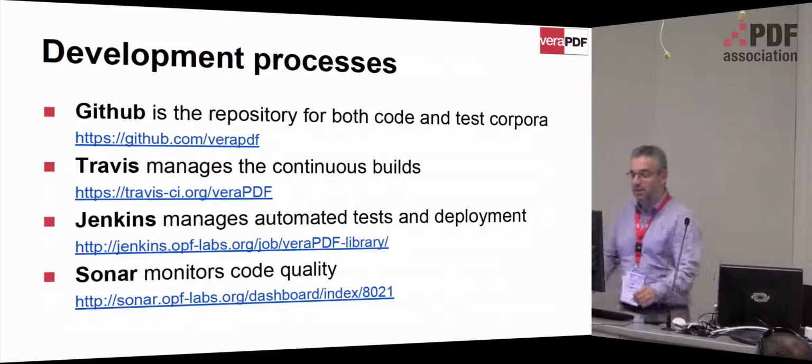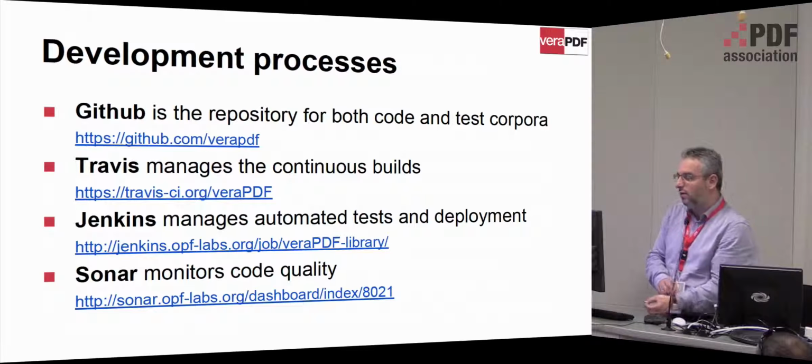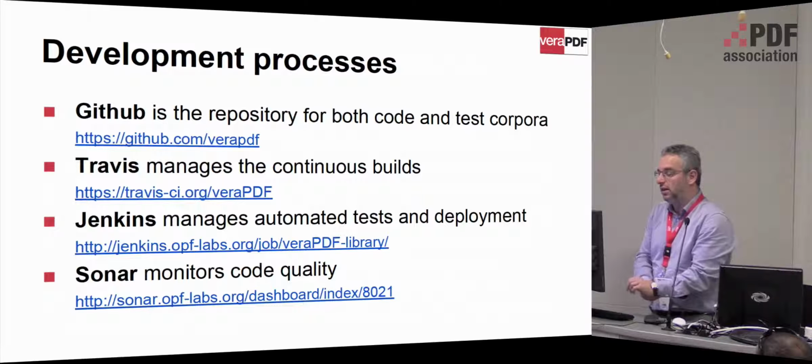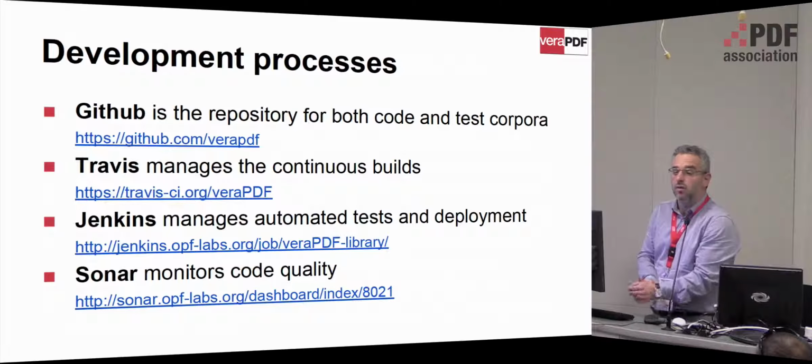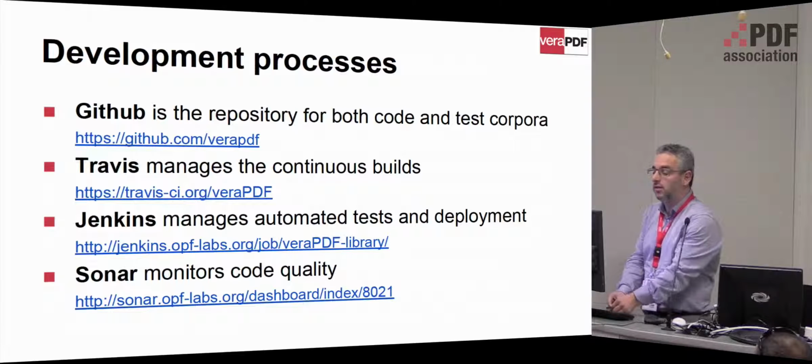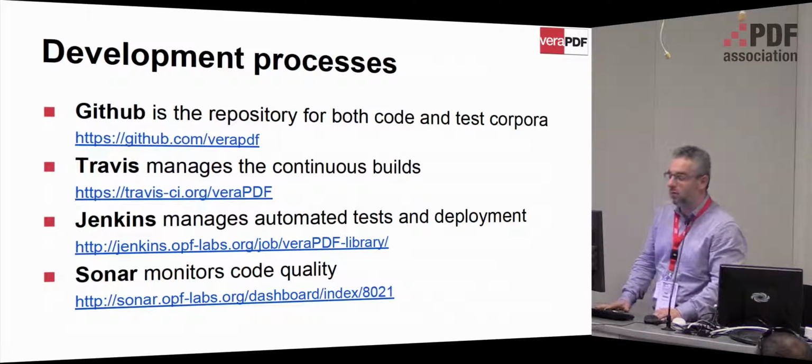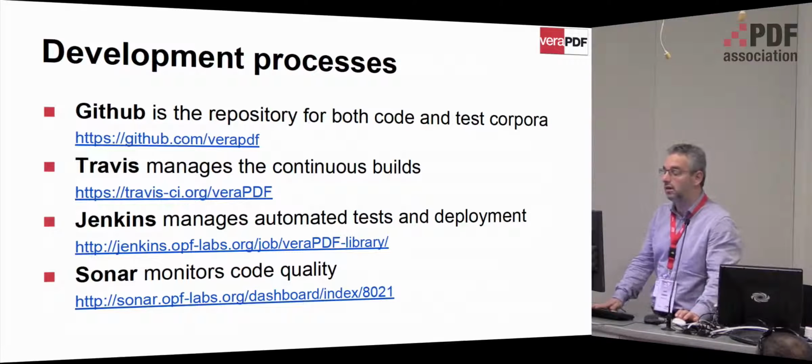So development processes is what we have established to fully comply with open source conditions of the project. These are the standard words we all use probably, not just in open source, but in closed environments. So GitHub is used for both source code and the test corpus.